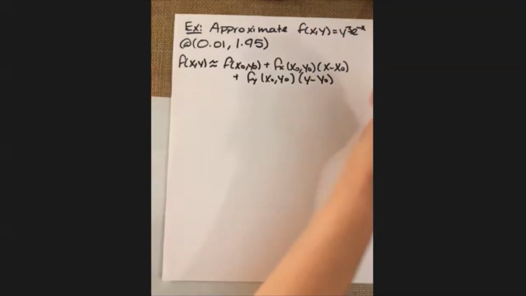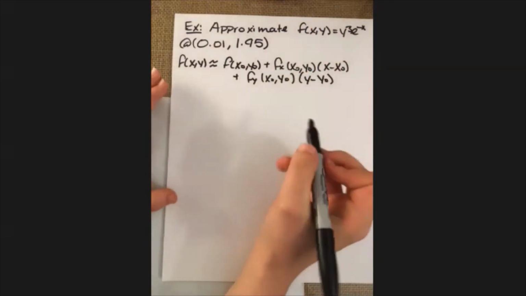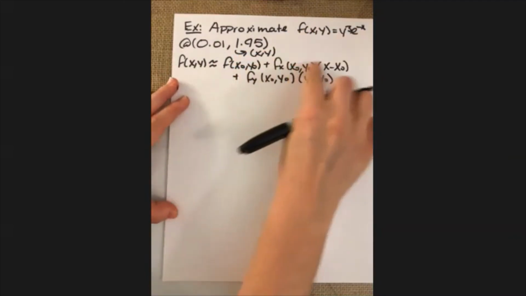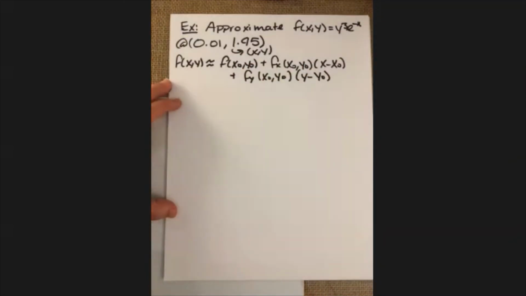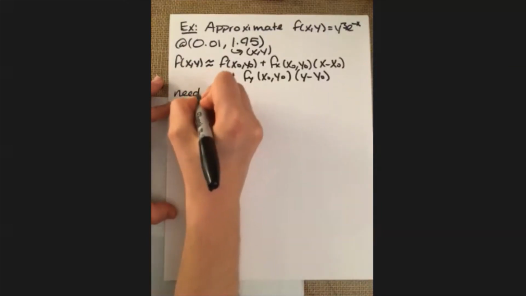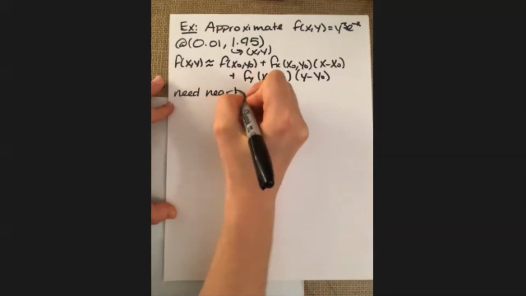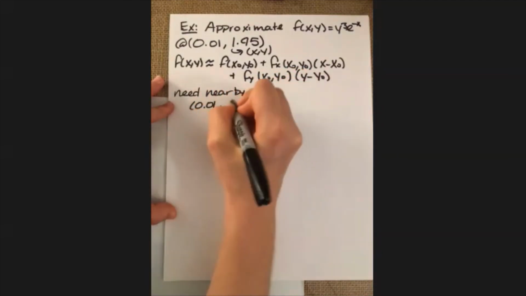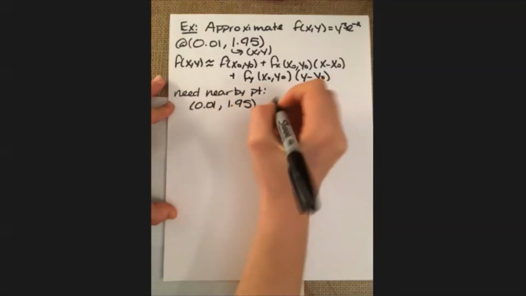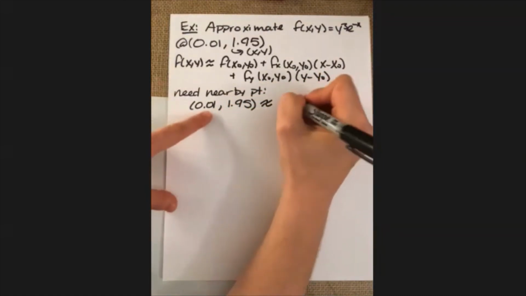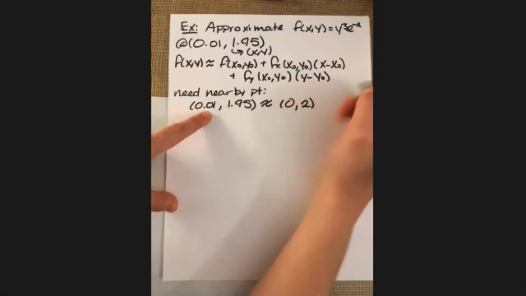And in order to be able to fill this out, we already have this is the xy, but we still need our base point x naught y naught. And 0.01, 1.95 is approximately equal to, well, this is really close to 0, and this is really close to 2.